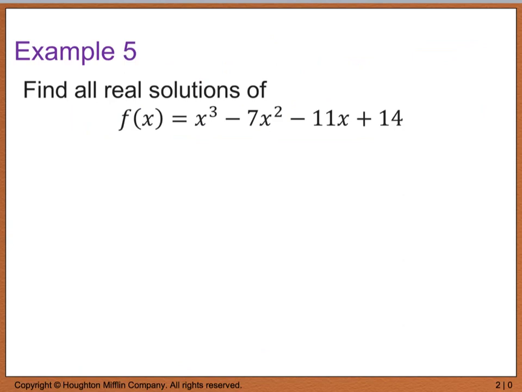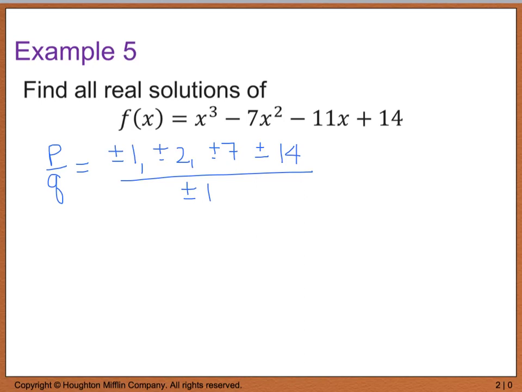My rational zero test tells me to do p divided by q. So I end up with plus or minus 1, plus or minus 2, plus or minus 7, and plus or minus 14, all divided by plus or minus 1. So that's going to give me a list of plus or minus 1, plus or minus 2, plus or minus 7, and plus or minus 14.